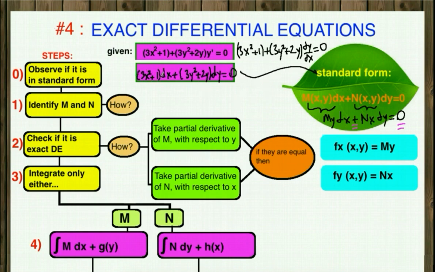We have some function dx plus some function dy equals 0. It's exactly as desired.